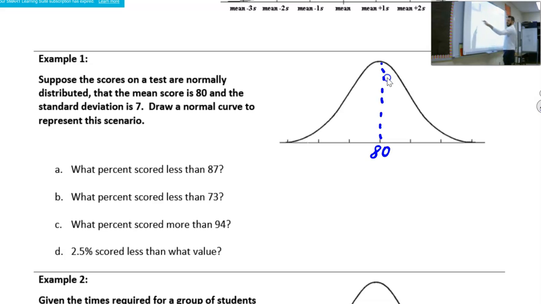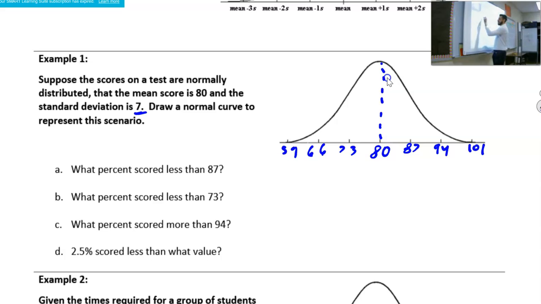And then each standard deviation we go out will increase or decrease by 7. So we go up to 87, then 94, then 101, and in the other direction, we'll have 73, 66, 59.